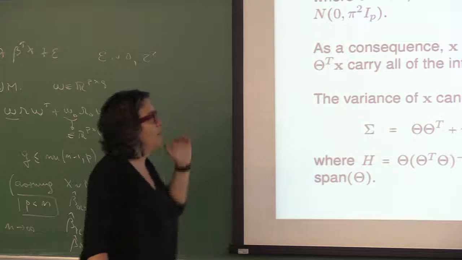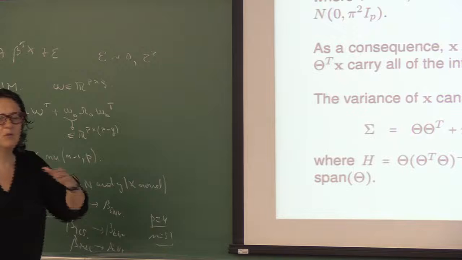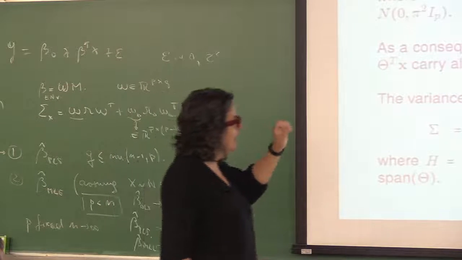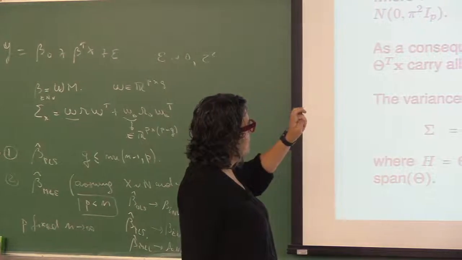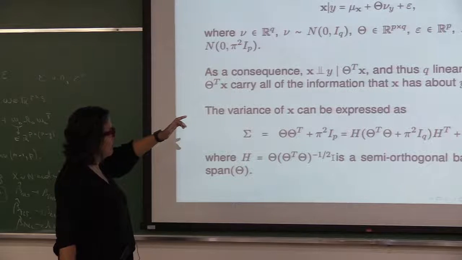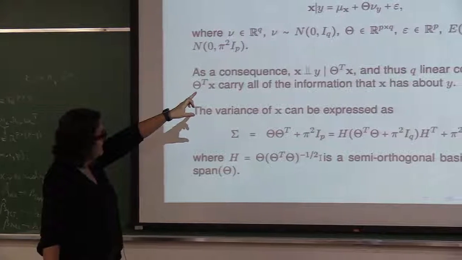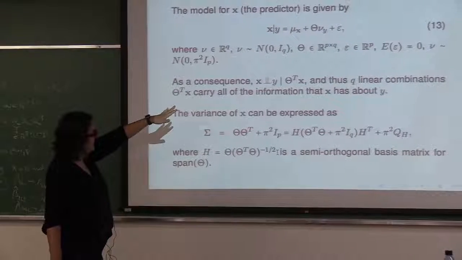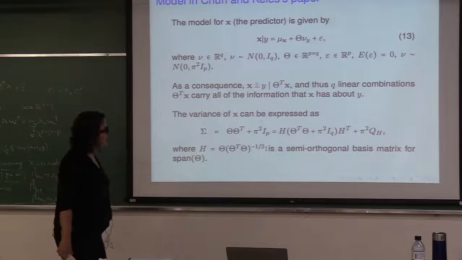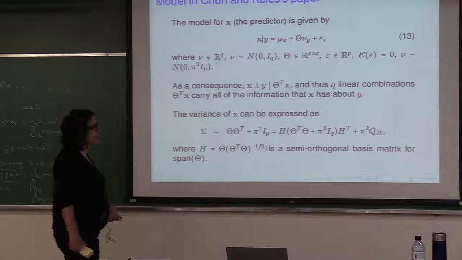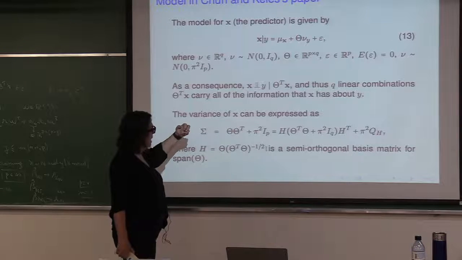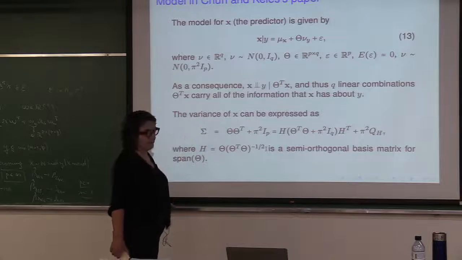And then, of course, their result is more general, but I want to show you in an example what they show. They say, suppose that all the information that Y has about X is contained in that theta. I mean, there is a theta in R^(p by q) so that I have that model. That model doesn't say anything, because nu_Y is not linear, it's anything. The only thing it tells you is that X depends on Y only through this theta.